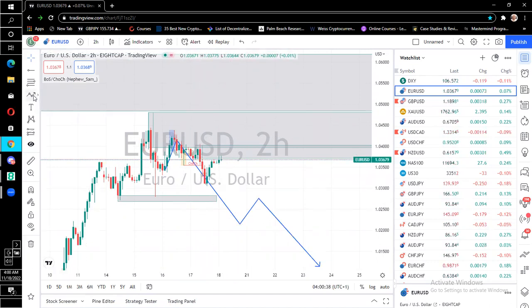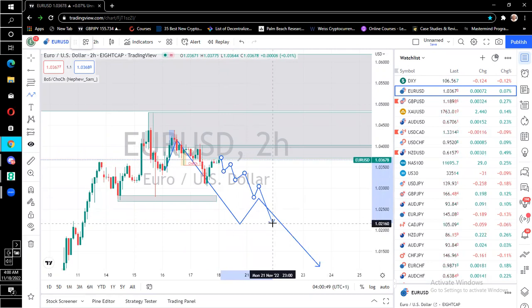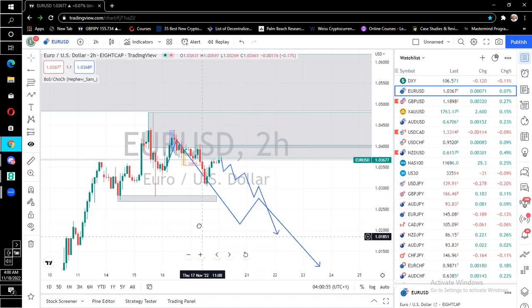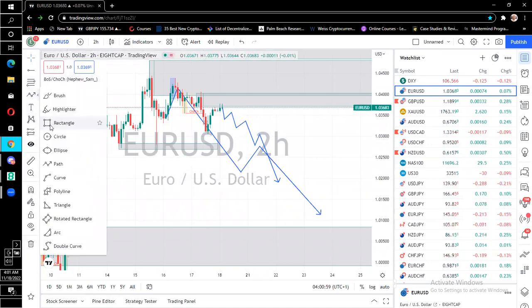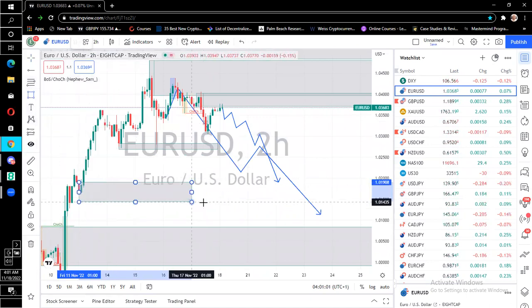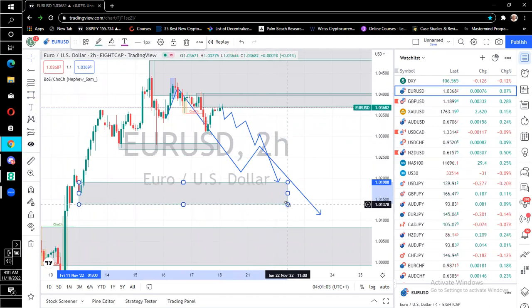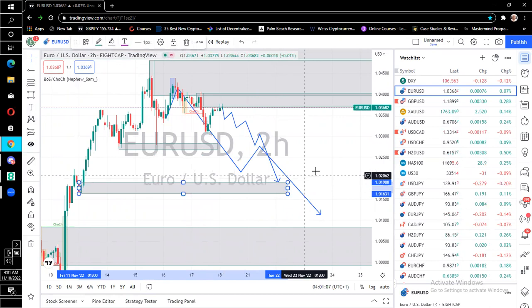We expect to see this begin to happen. This time around, it will take out the previous low, and we'll be targeting this particular zone. That is where our target is going to be.